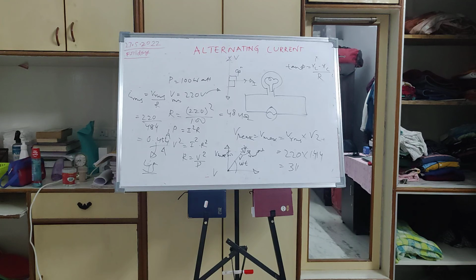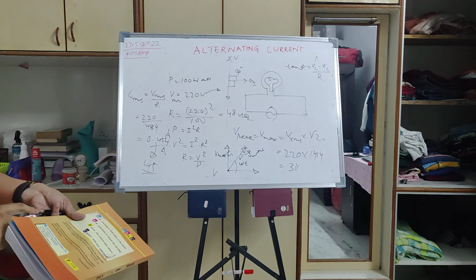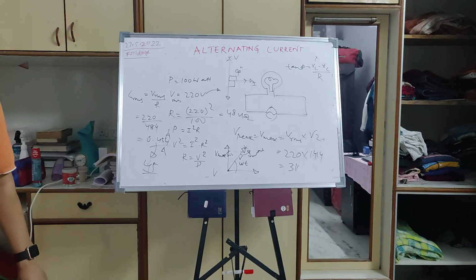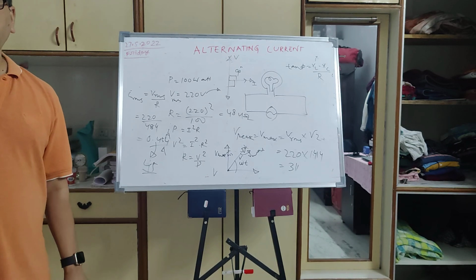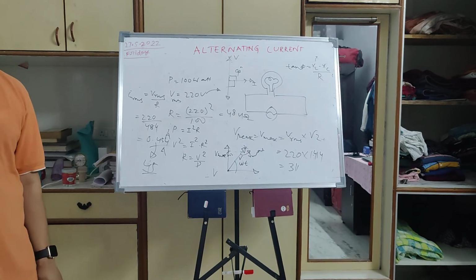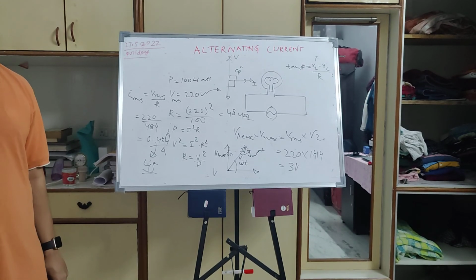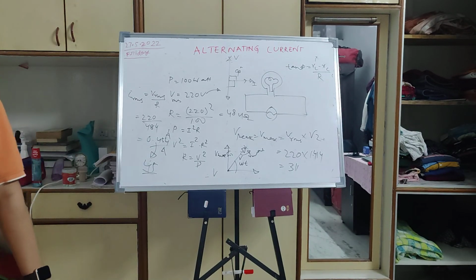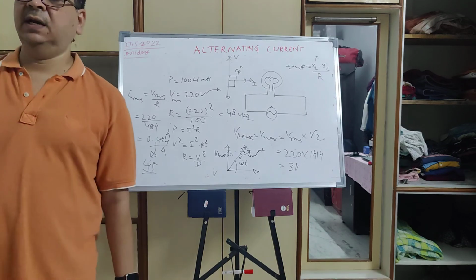Understood? In an inductor, voltage will lead current by 90 degrees. In a resistor, voltage and current are in phase. In a capacitor, voltage will lag current.